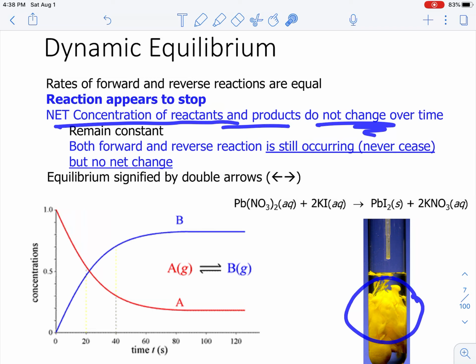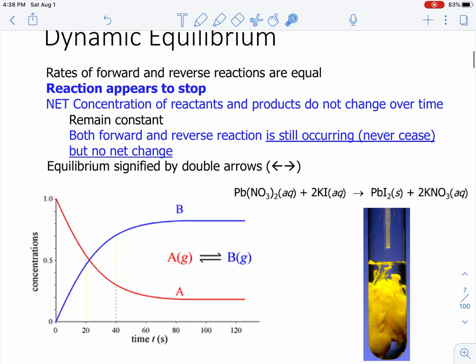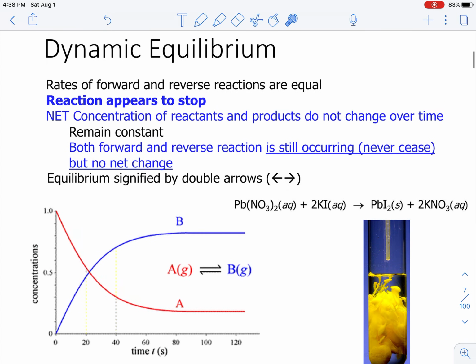That's why we physically see no change in the test tube, for example in a precipitation reaction. However, dynamic equilibrium tells us that the reaction has not stopped. It's still occurring on a molecular level, but we just cannot see any physical changes because the rates of the forward and reverse reactions have converged.